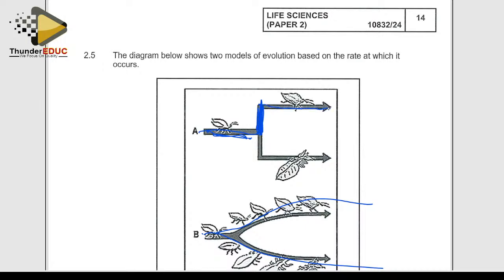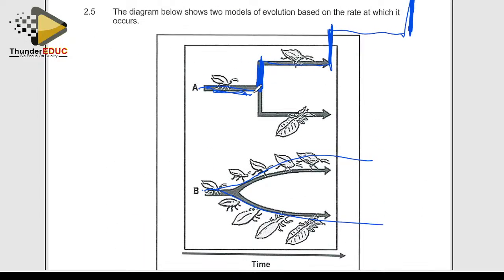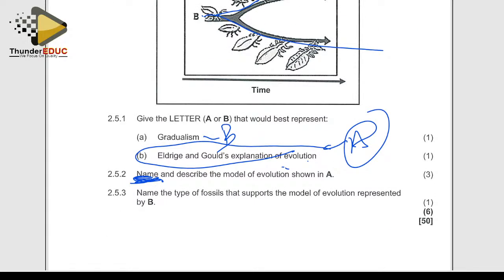Long periods of no change with short periods of rapid change. So that's what they are trying to ask you to explain. It is made up of long periods of no change with short periods of rapid change, because you have already identified it, so 1 mark is already gone.